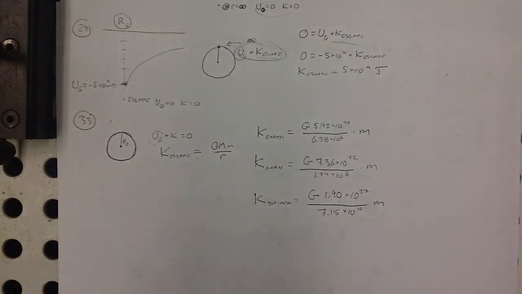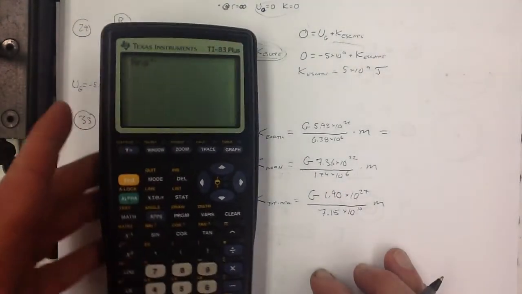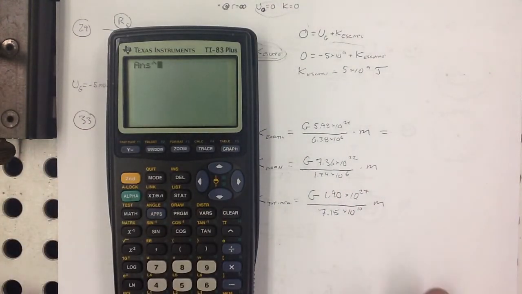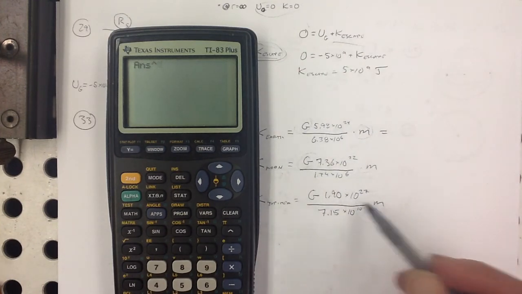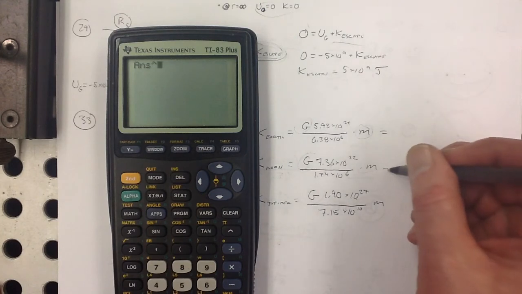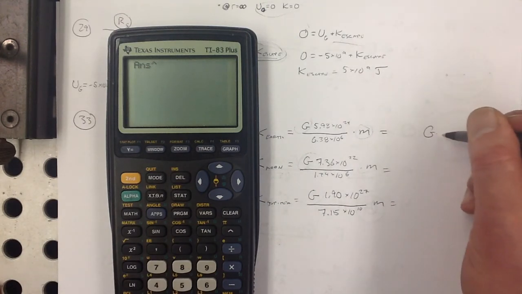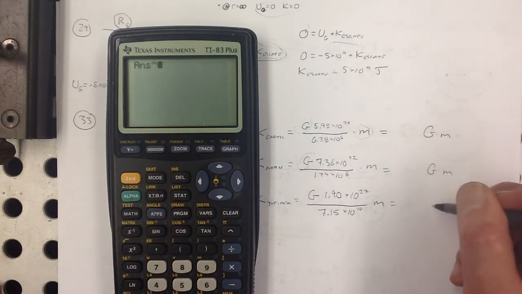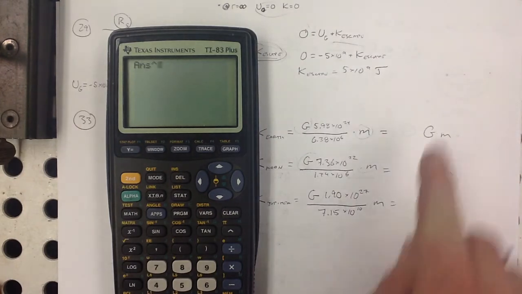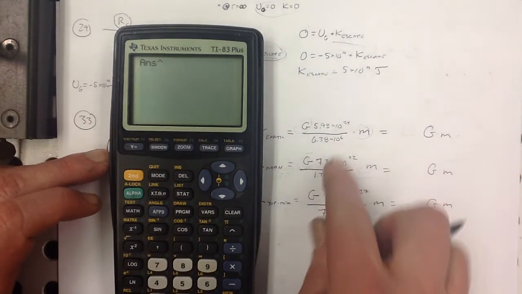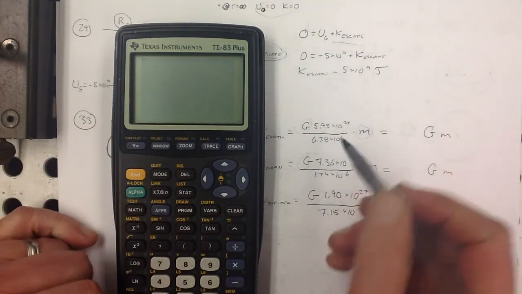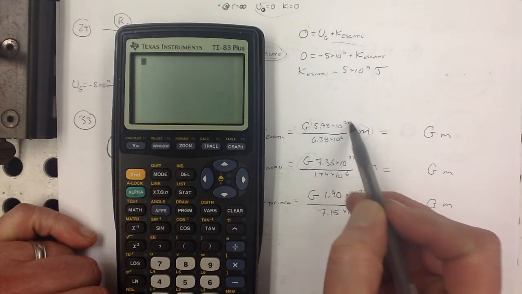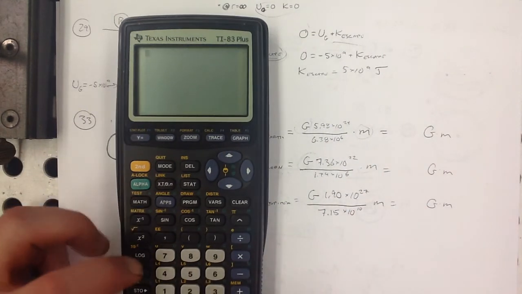Okay, so now we just need to figure out what these numbers are and compare them. So here, since we're only doing ratios, I'm going to do them all with a GM in there and just compare these numbers. So they're all multiples of GM. I don't need to multiply that G in there since they all share that in common. I just need to do the, so you see what it boils down to, the escape. It's just the ratio of the mass to the radius.